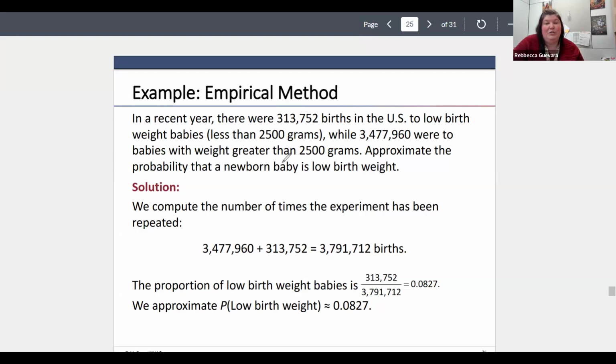First thing we need is the total number of babies. I have babies that weigh less than 2,500 grams, and then I have babies that weigh more than 2,500 grams. So I need to figure out my total number of babies.